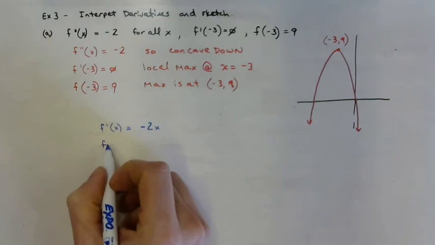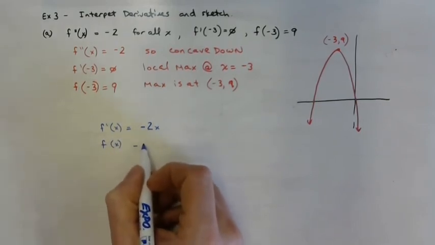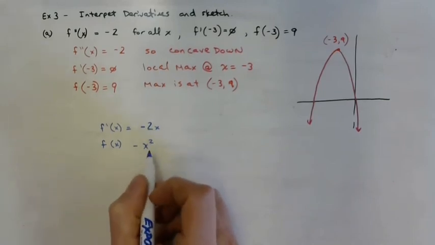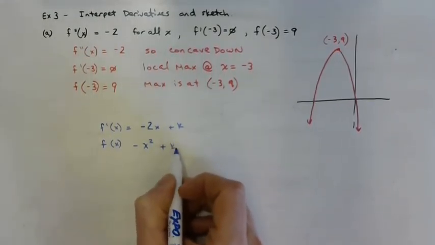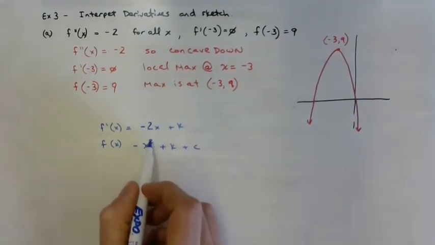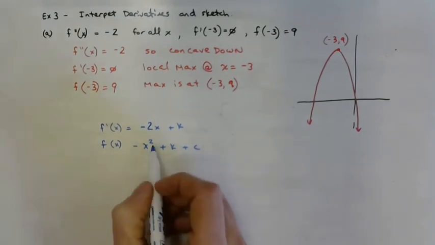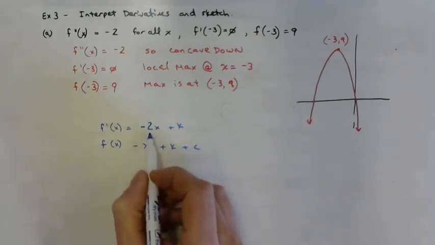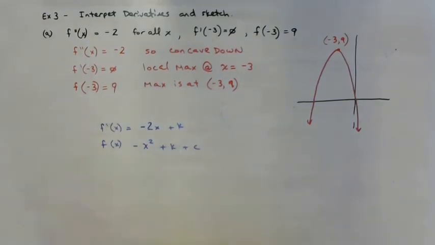And your original function then, working backwards again, would have been -x squared. That's at least the shape. This one would have had a constant, which then would have had another term and another term. But the shape of it, you can see how that originates if you're thinking backwards. If you took the derivative of this, you'd get that. If you took the derivative of this, you'd get that. So that's called integration when you work back to the original.